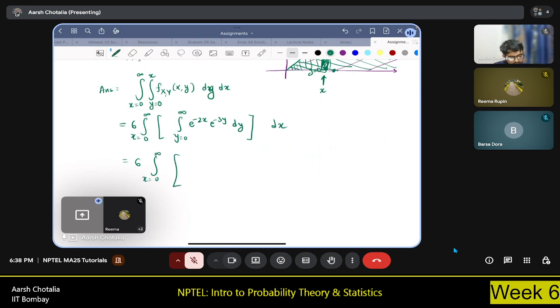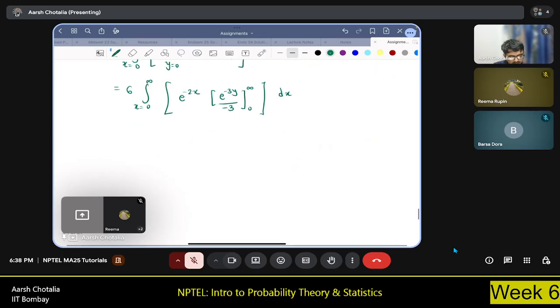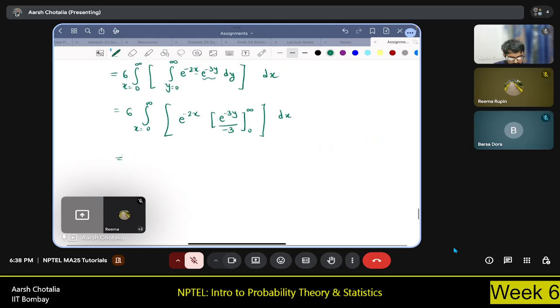Now this is integral over y, which means this x can be treated as constant. So that comes out, an integral of e raised to minus 3y is just e raised to minus 3y divided by minus 3, dx. 6, 0 to infinity, e raised to minus 2x, and this will be e raised to minus infinity, that is 0.